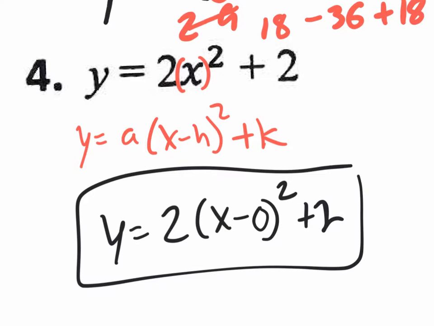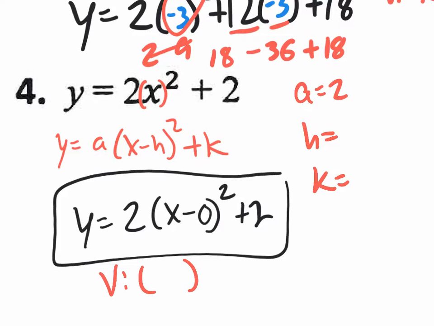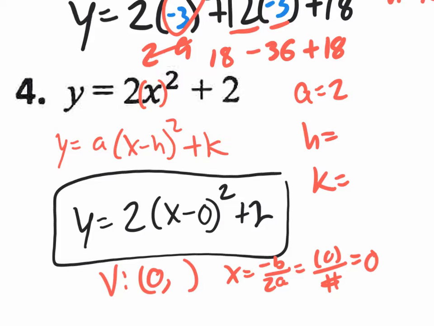Now, if you didn't want to do that, if you wanted to stick with the same method as always, you could do that as well. You could find your A value, which is 2, your H, and your K after finding your vertex. So if you found your vertex, you would say X equals negative B over 2 times A, and the B value is 0. So 0 divided by any number is going to be 0. So your vertex X value is 0.